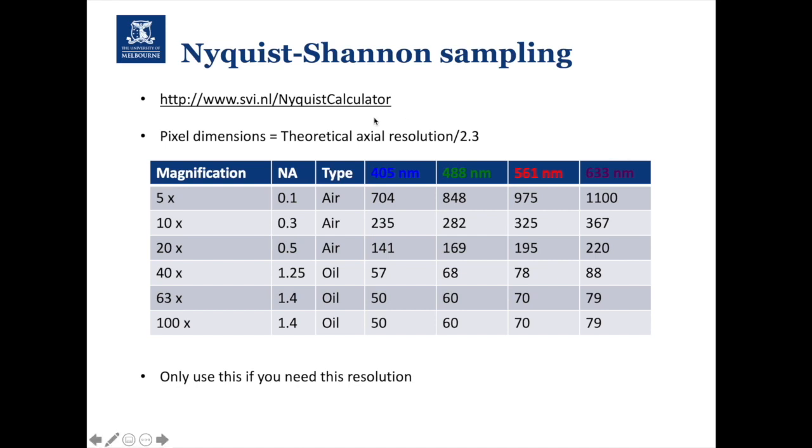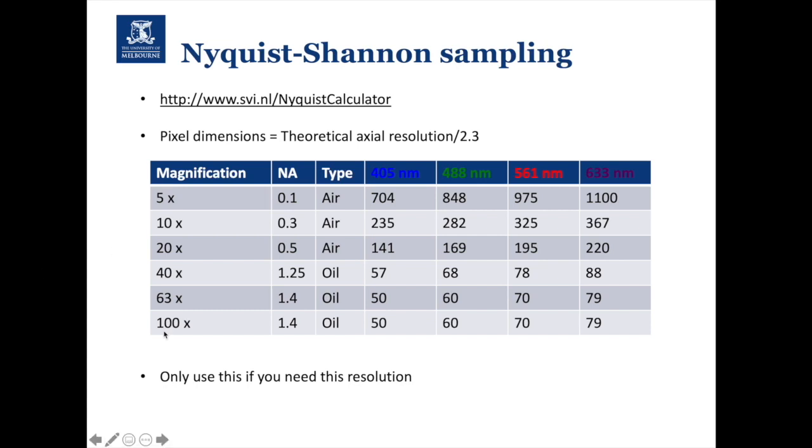Fortunately there are online calculators which allow us to calculate these numbers, and a lot of the acquisition software now has an optimum button which also allows you to set your sampling rate, so your pixel sizes, correctly to get the best resolution. The table I've put up on this slide shows the recommended pixel dimensions if you take the theoretical axial resolution and divide that by 2.3.